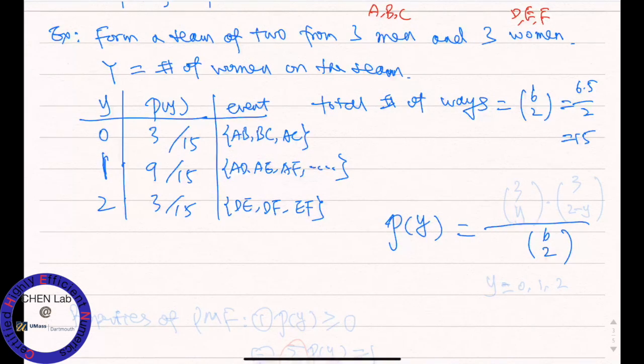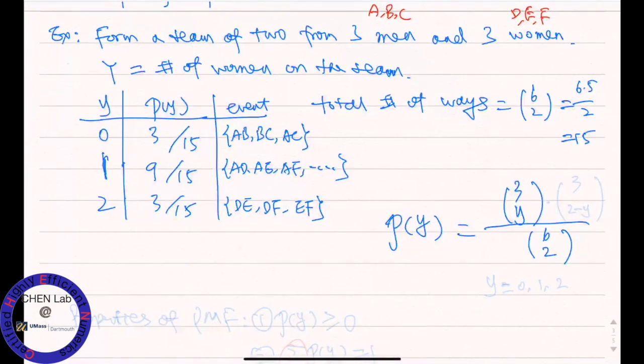What do we have on top to turn this into a formula basically? You want the number of girls to be Y, right? You want Y girls. 3 choose Y, exactly. 3 choose Y.